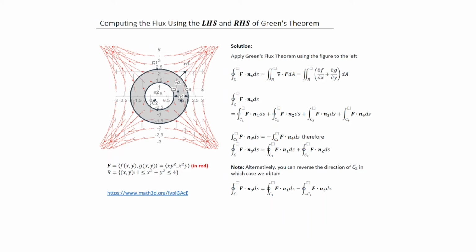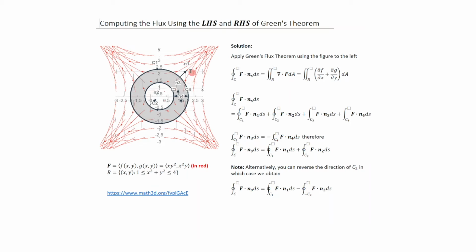All right, so we're going to compute the flux using the left-hand side and right-hand side of Green's theorem. I've shown the picture for the vector field and all the salient things of interest to us in computing the flux. So for example, N1 has to be pointing outwards, and we're going around the closed contour in a counterclockwise direction, always looking to your right.